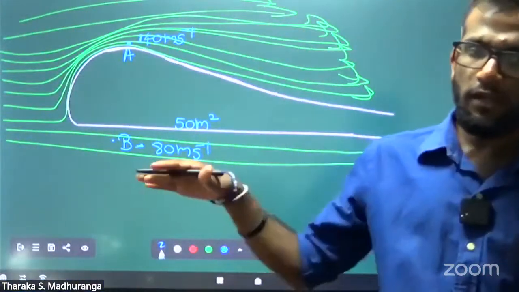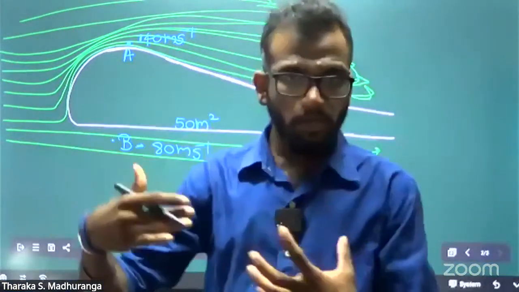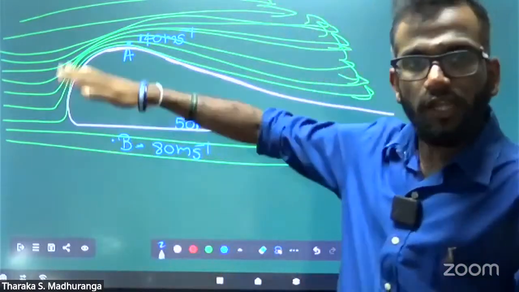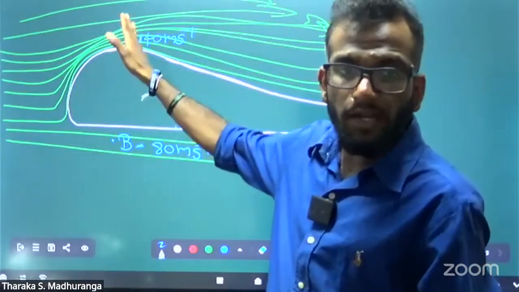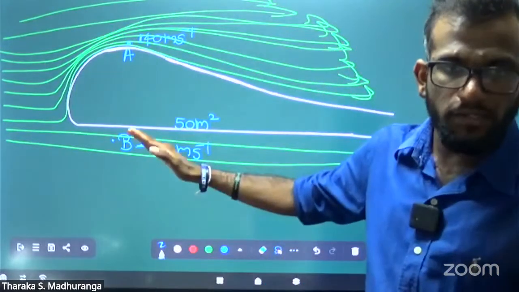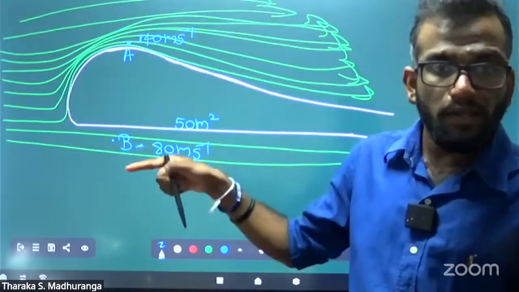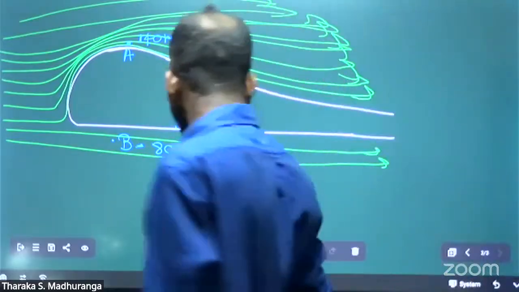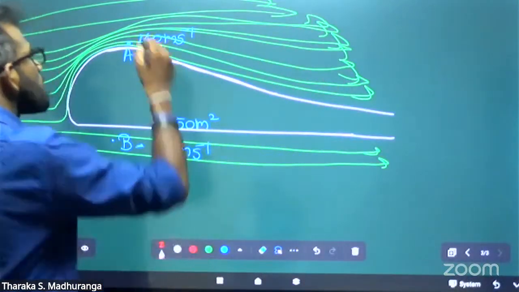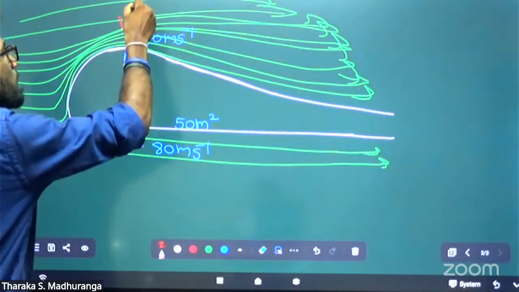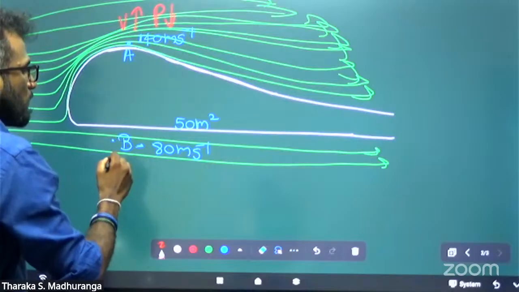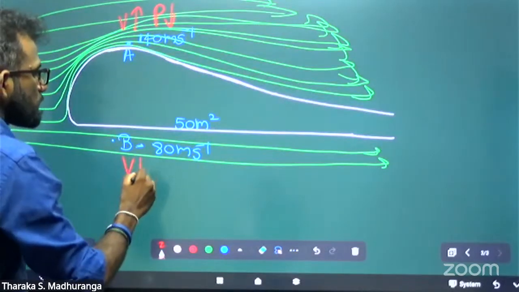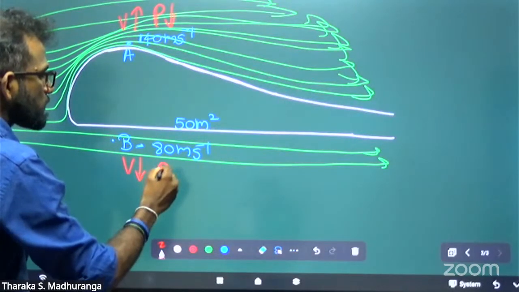You know, in Bernoulli's theorem, due to the shape of this airplane, the air speed above is greater than the lower side. Therefore, above, when you increase the air speed, the pressure decreases. In the lower side, velocity is low, therefore its pressure is high.